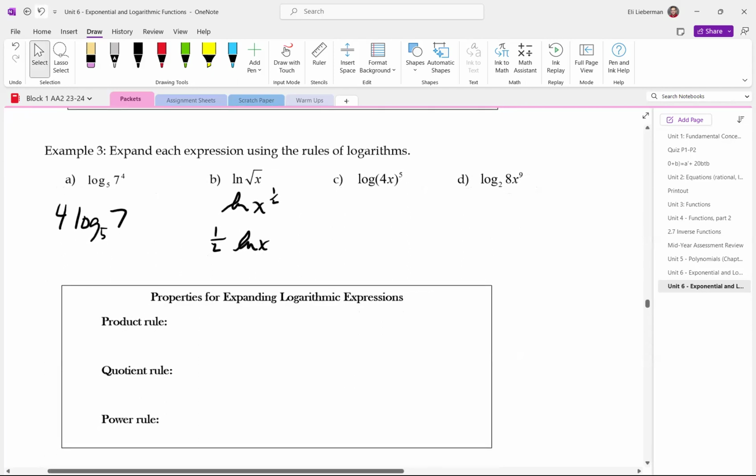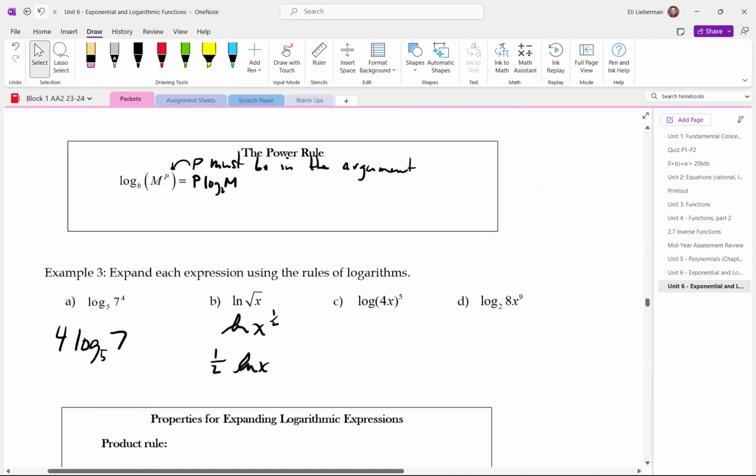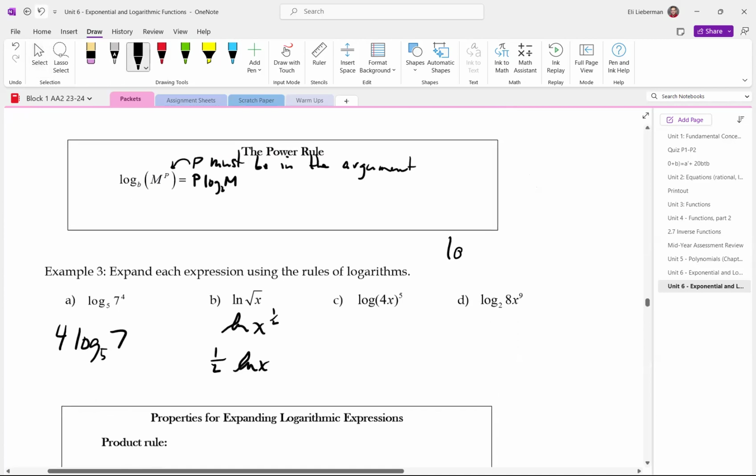Okay, so what about this 5? Can we use a property with this 5? Is it on the argument? No, because what you have to worry about is whether it was inside the parentheses. So 4x is the argument, isn't it? The 5 is outside.